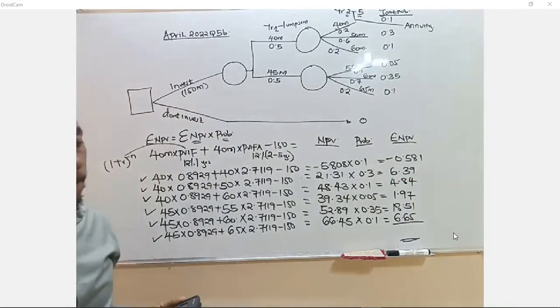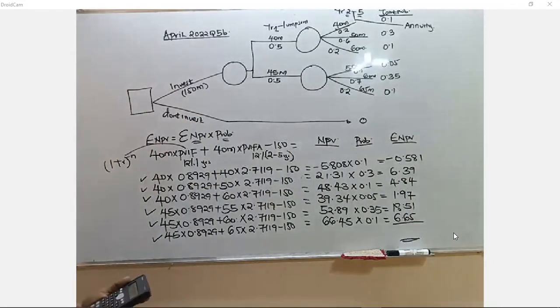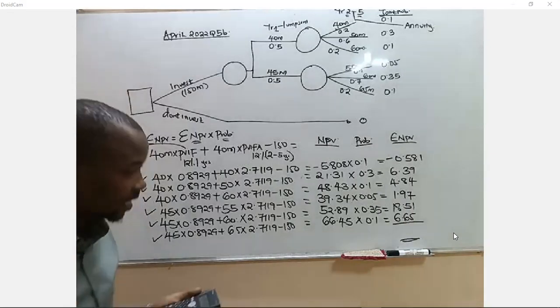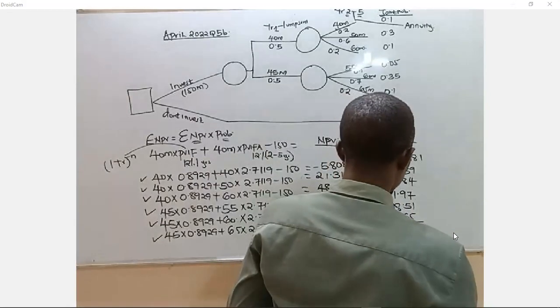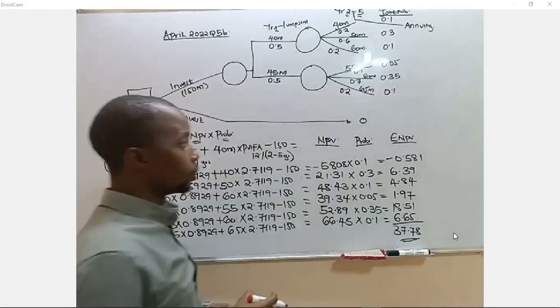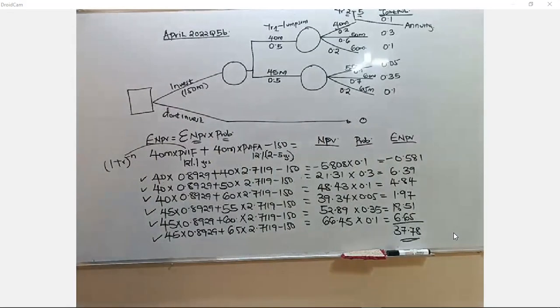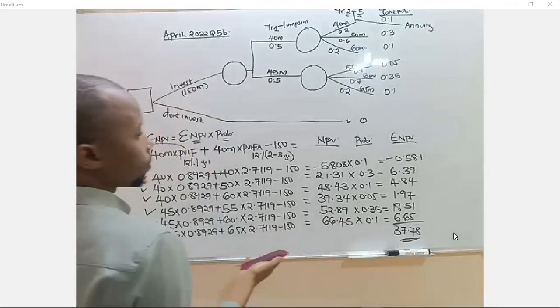Let me do my summations: 6.65 plus 18.51 plus 1.97 plus 4.84 plus 6.39 minus 0.58. Let me use 2 decimal places there. Getting 7.78. That is our expected NPV. Now, let's shift our gears.